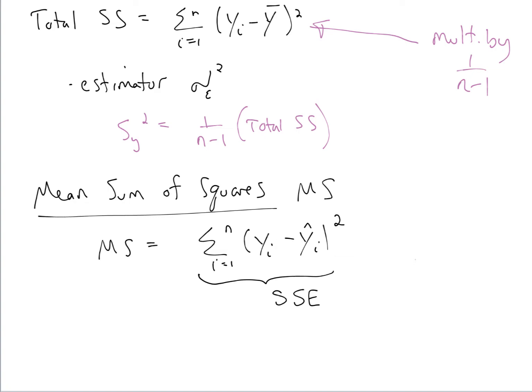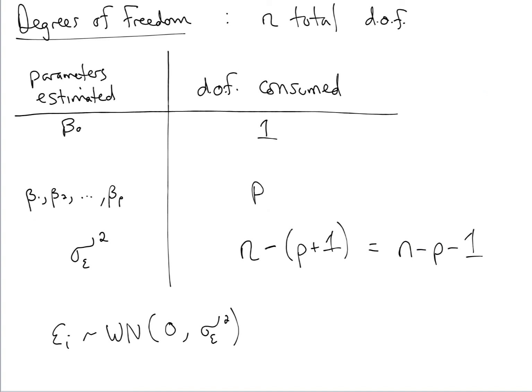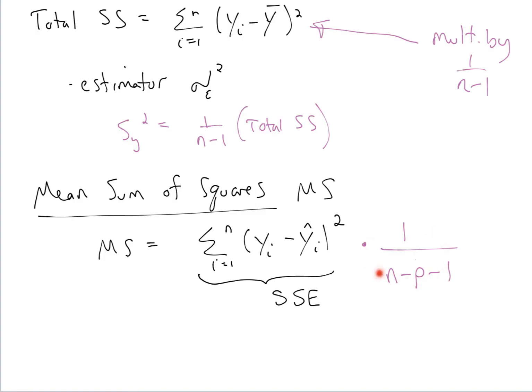And to get that, we multiply by the degrees of freedom left in the system after estimation of the betas. Recall that estimating the betas consumed 1 plus p degrees of freedom. So this is what's left.